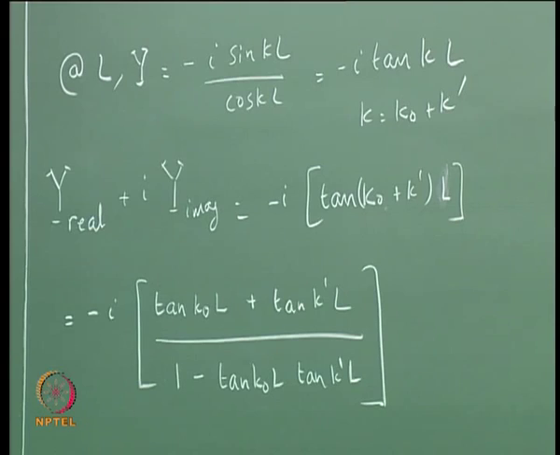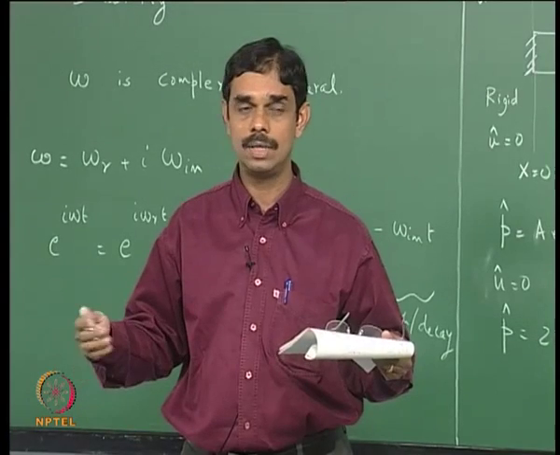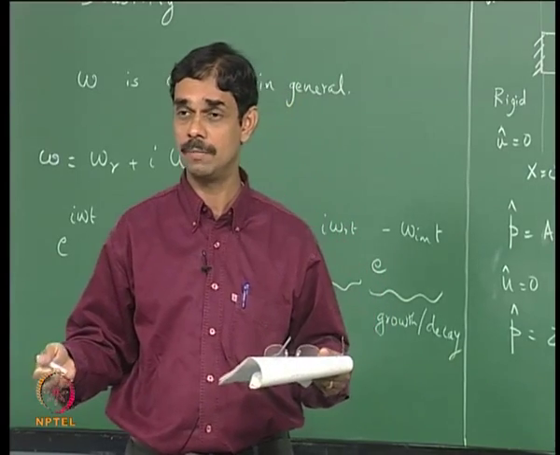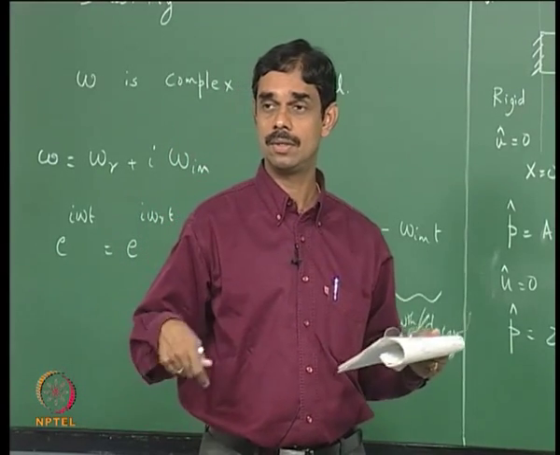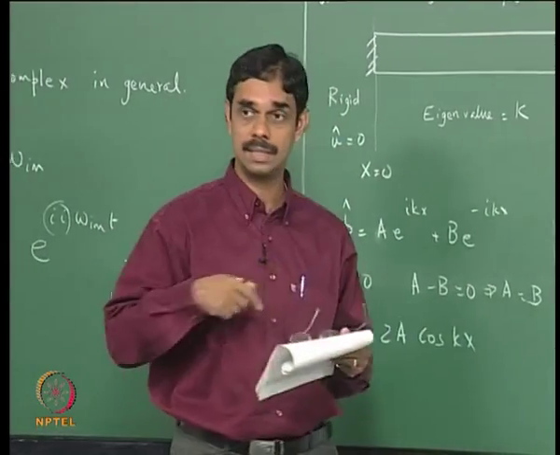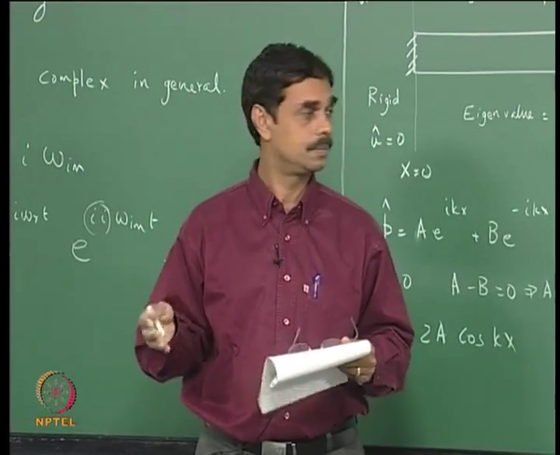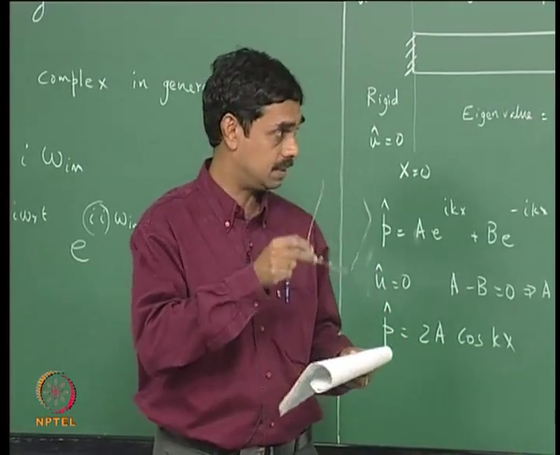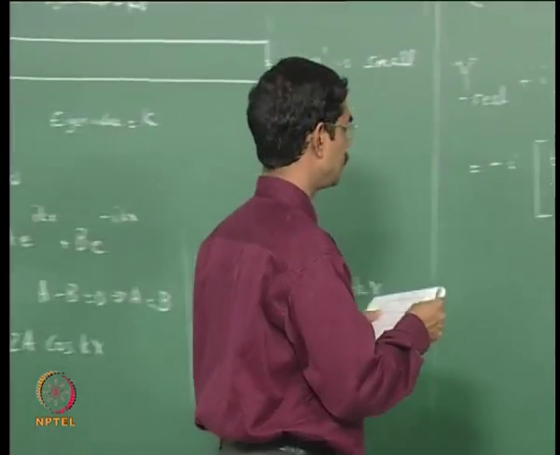So in general it is a complex quantity, and the only assumption I am making is that k prime is very small, or the magnitude of k prime is very small compared to k naught, so that I can do the Taylor expansion kind of thing. So both k real and k imaginary would be small compared to the value of k naught. So that is the only assumption that I am making, but otherwise it is in general complex.